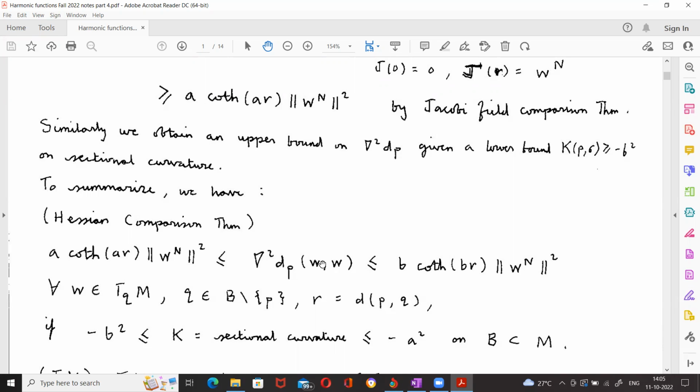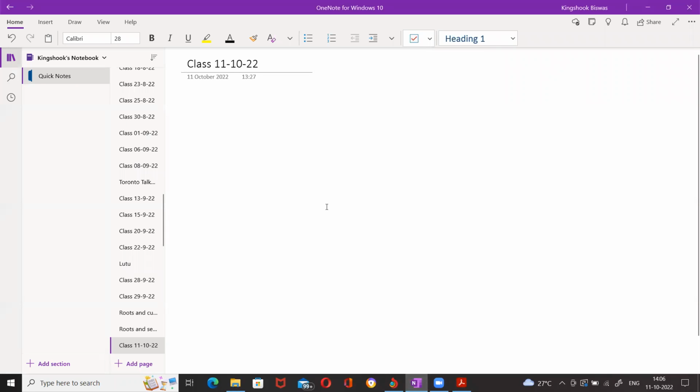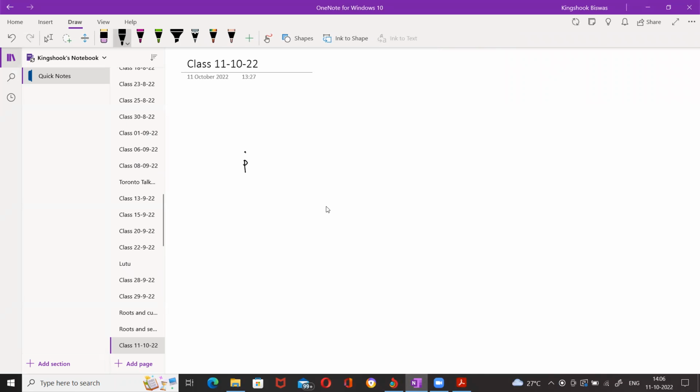Let me explain a bit. Geometrically, what is the meaning of this Hessian? It gives us the curvature of the geodesic sphere in the direction of W. So we have the center of the ball P, and I'm taking a point Q in the geodesic ball.